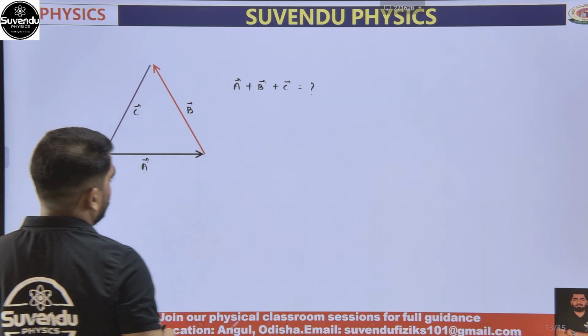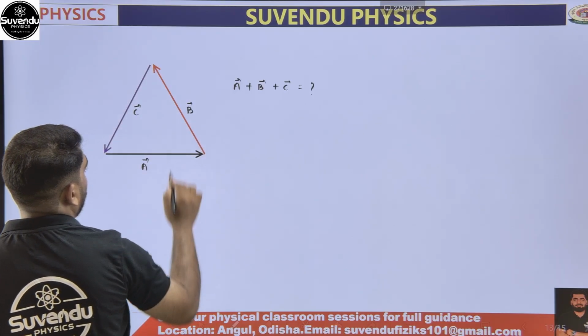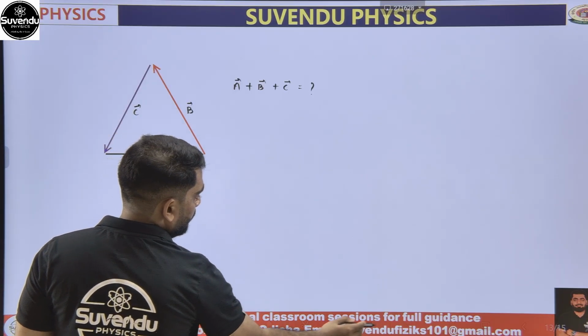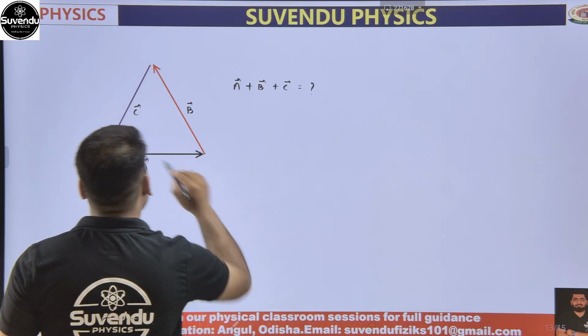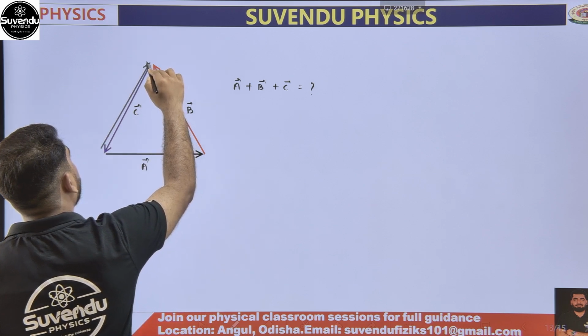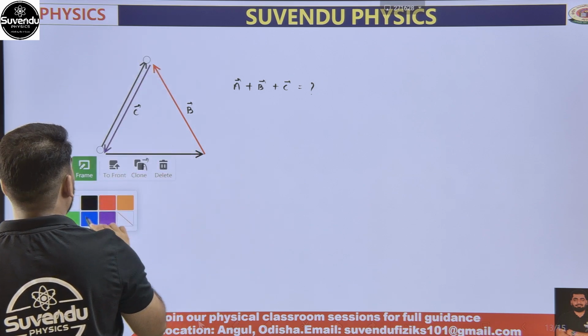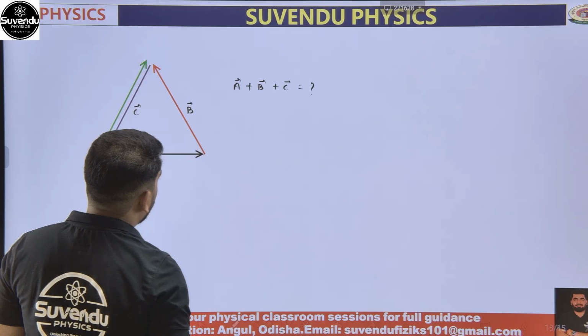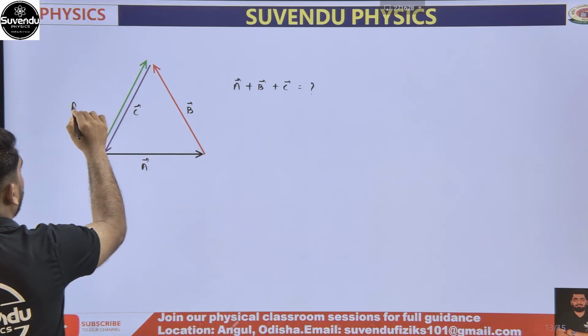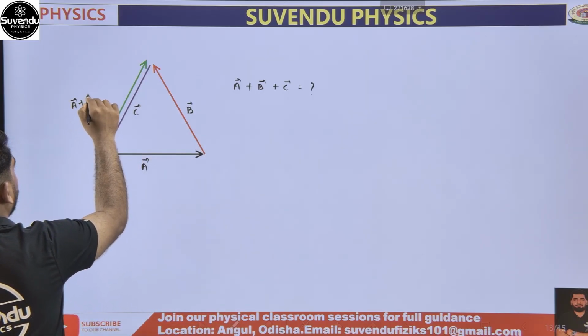A vector and B vector are in the same order. So we know the third side of the triangle taken in the opposite order gives their resultant vector. So this green color vector represents A vector plus B vector.